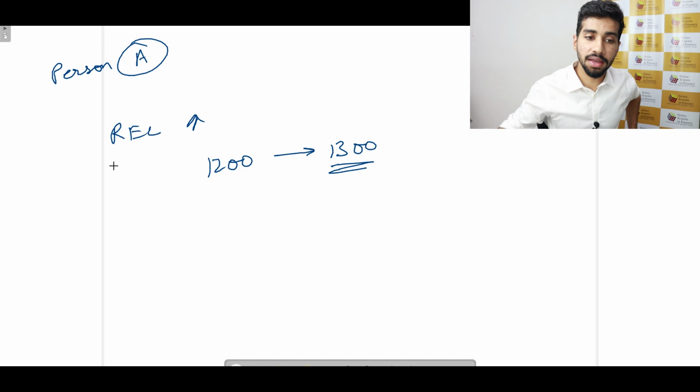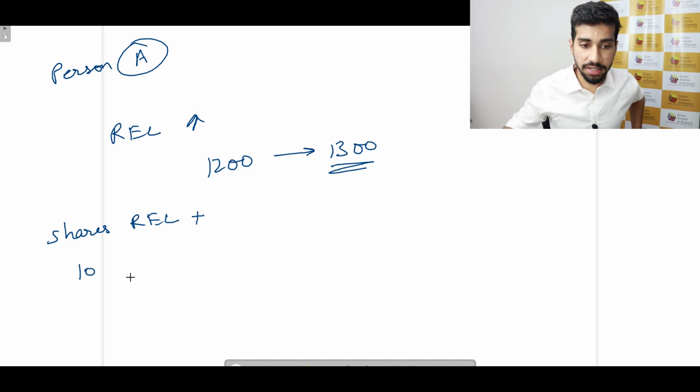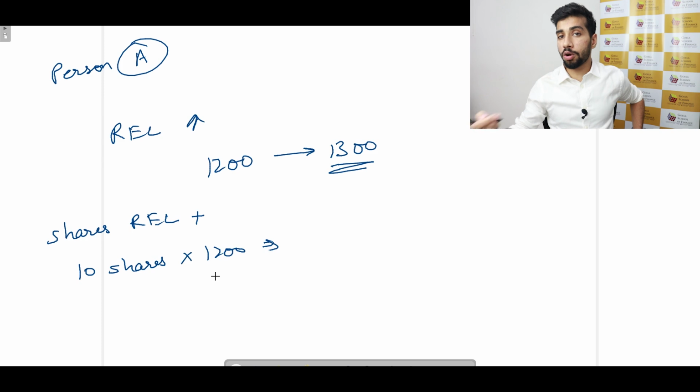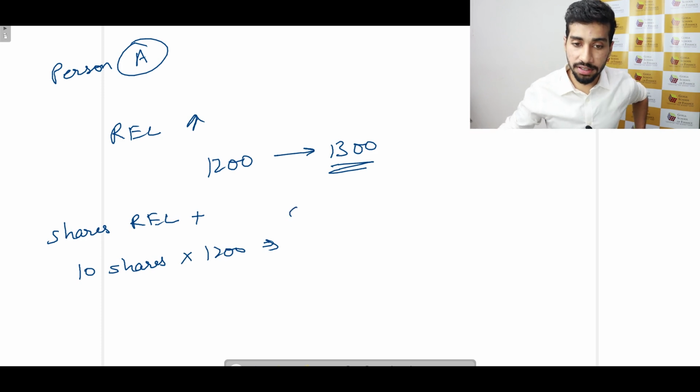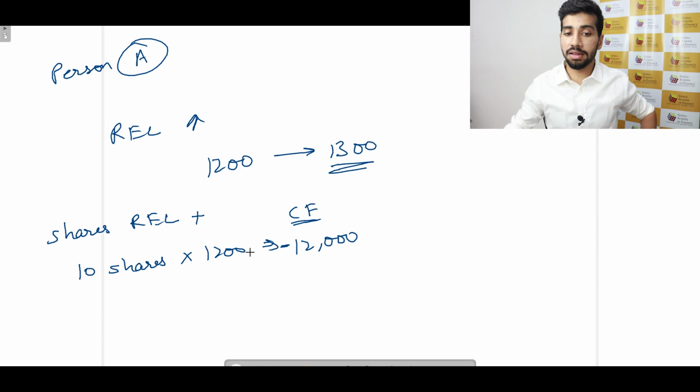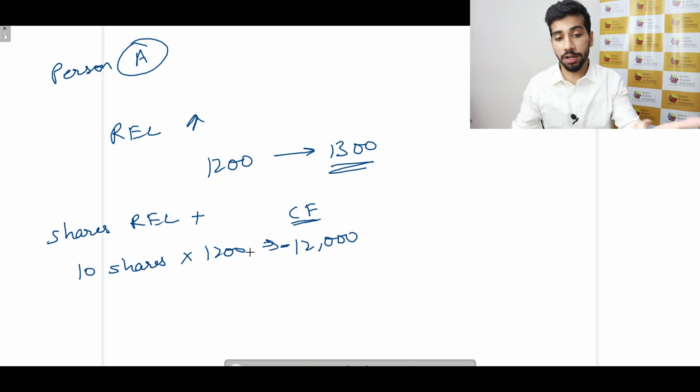He will simply buy shares of Reliance. Let's say he buys about 10 shares into 1200. So what is the cost for him? Let's say this is CF, meaning cash flow. So 10 shares into 1200 is equal to minus 12,000 rupees, because he has to pay. He bought 10 shares, for that he has to pay 12,000 rupees.